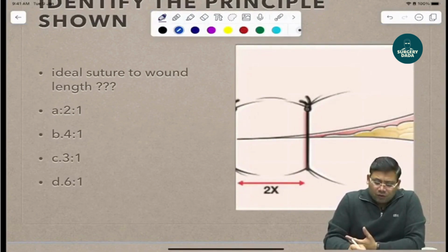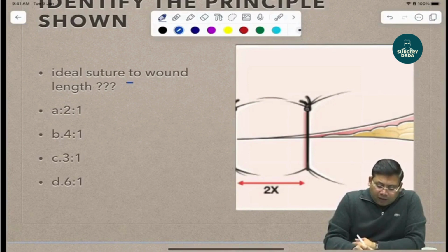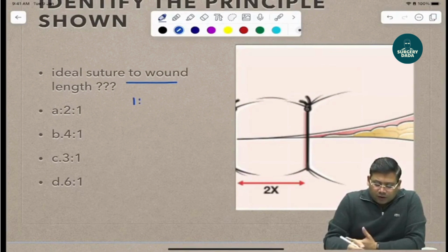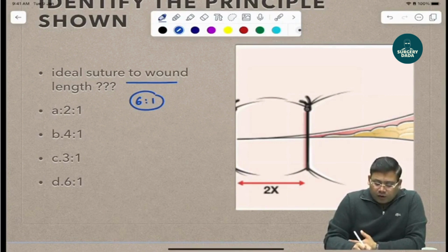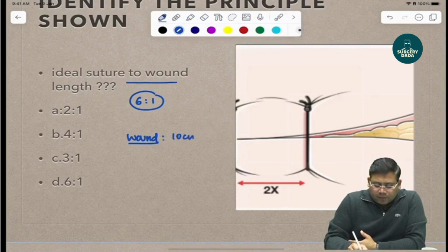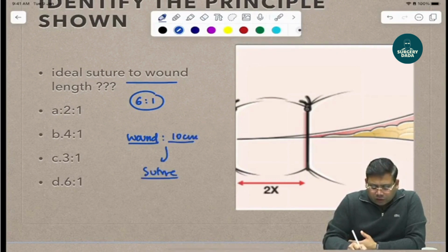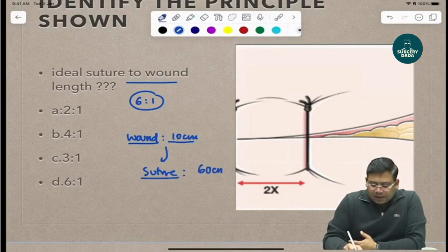It's very easy to understand. The ideal suture to wound length ratio is 6 is to 1. This is very important. So if the wound is 10 centimeter, to close this you require a suture of what, students? Suture length of 60 centimeter.